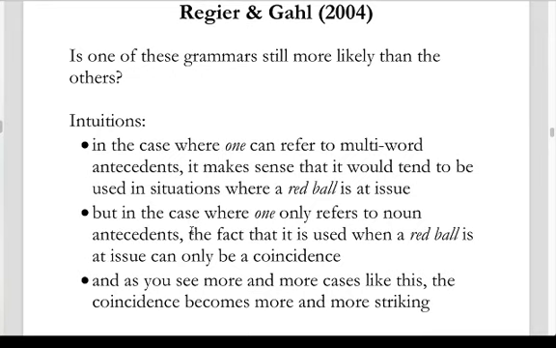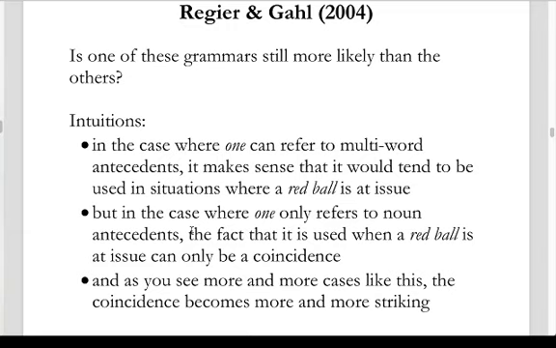Here's what I think the intuitions are behind this approach. In the case where the anaphor "one" can refer to multi-word antecedents, it makes sense that it would tend to be used in situations where a red ball is at issue. But in the case where "one" only refers to noun antecedents, that is the wrong grammar, the fact that we sometimes hear the anaphor "one" when a red ball is at issue can only be a coincidence, right?